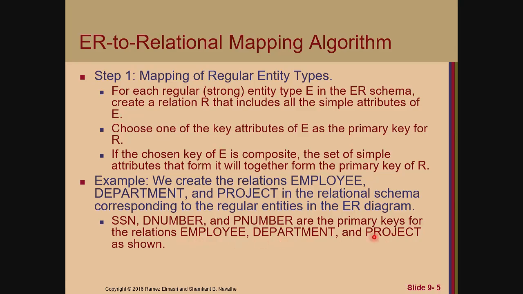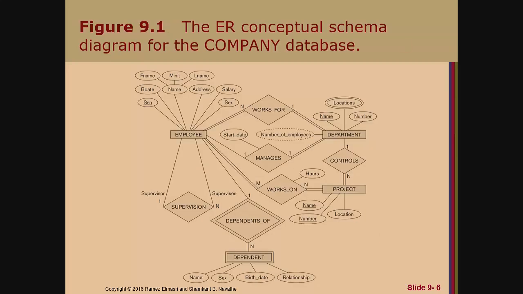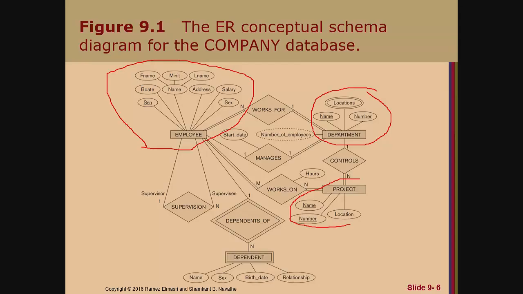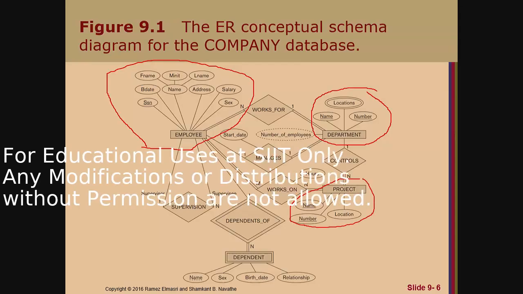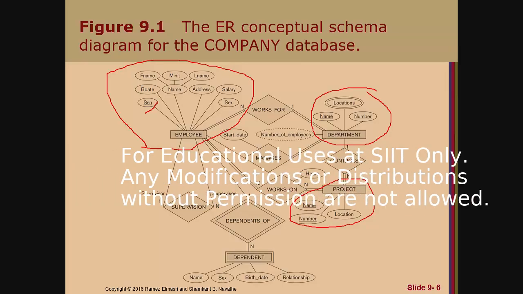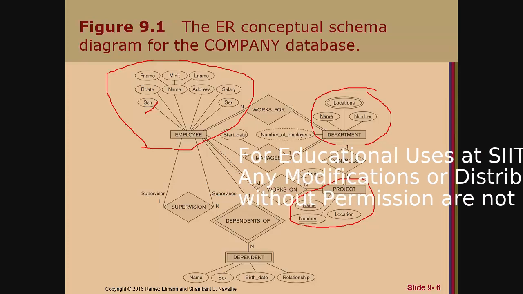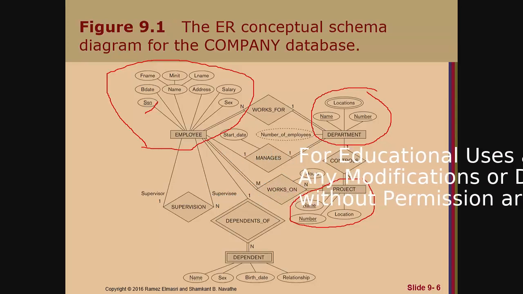Let's see. Employee, department and project. For employee, the key is SSN. But how many fields in this relation employee?